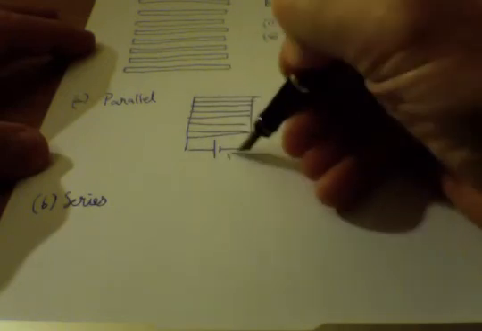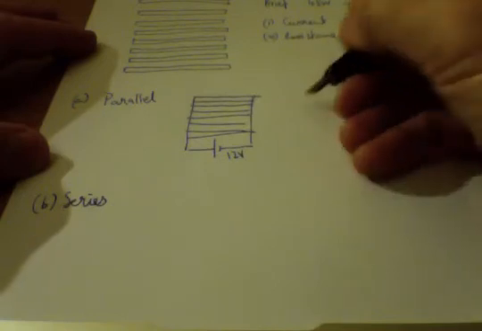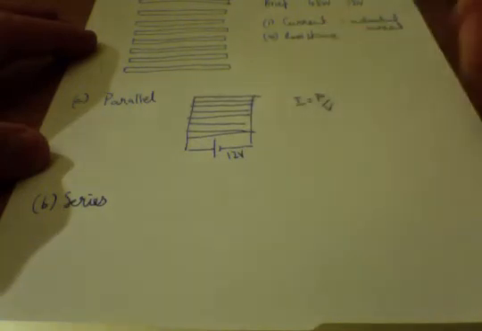Right, the parallel combination is simply 8 of these, 1, 2, 3, 4, 5, 6, 7, 8, all attached to a battery supply of 12 volts. 48 watts implies that the current is going to be the power divided by the voltage. I hope P is IV is something you're familiar with.